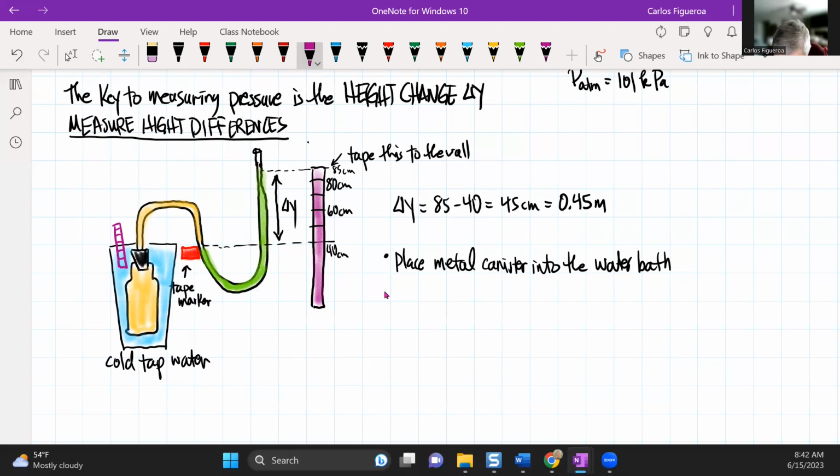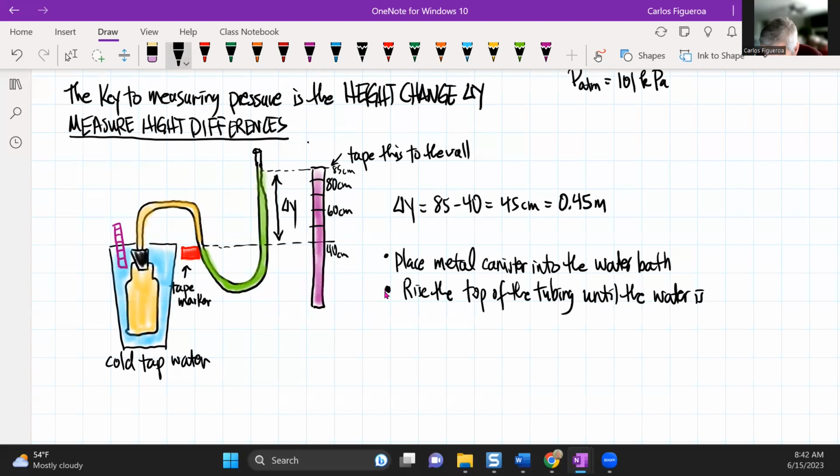So then what you're going to do is raise the top of the tubing until the water is at the boundary of the red tape.